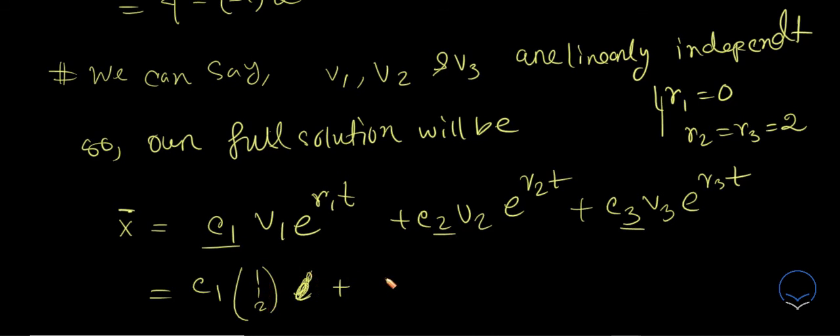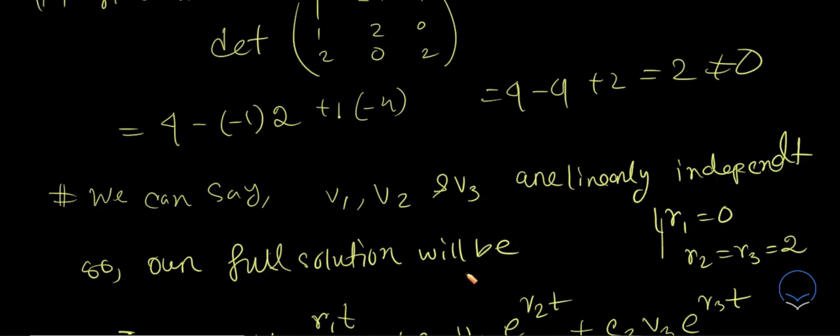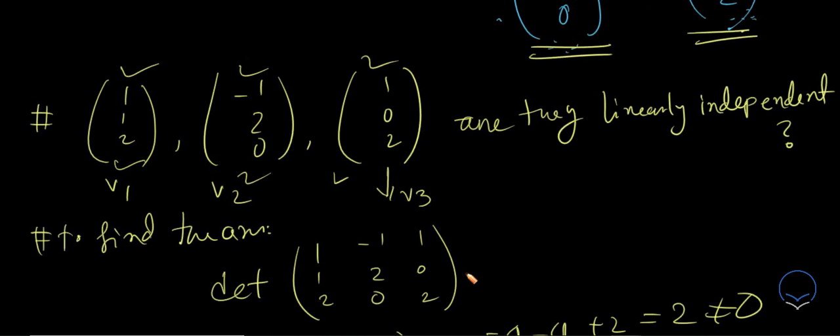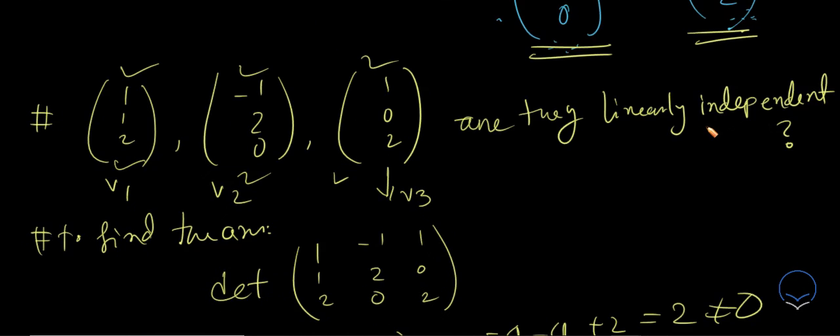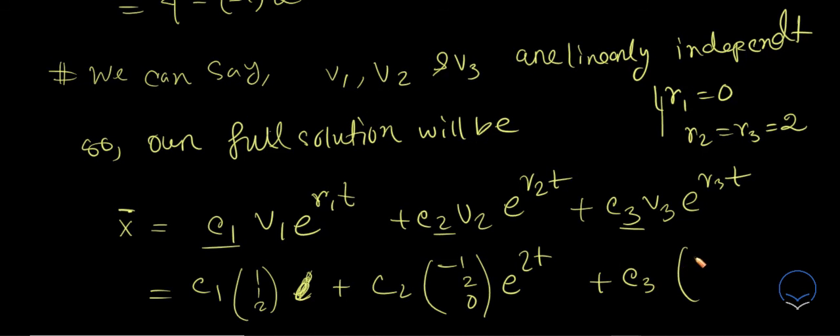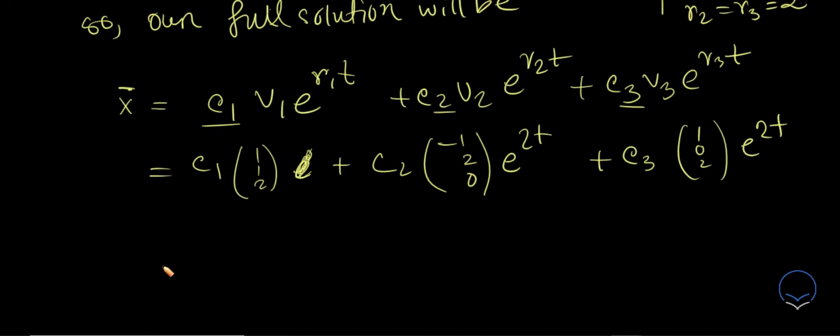And finally you will have c2, then v2 was -1 2 0, so -1 2 0 e to the power 2t, and finally you'll have c3 times 1 0 2 e to the power 2t. Obviously this x bar was containing x1, x2 and x3, and now you can just multiply them and find out the individual solutions.